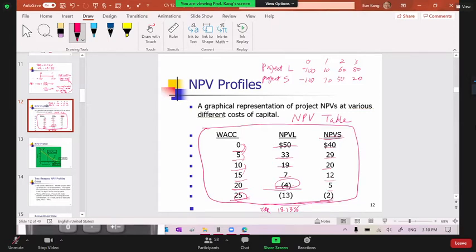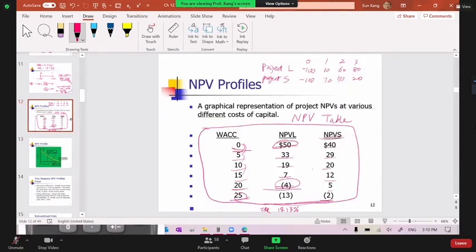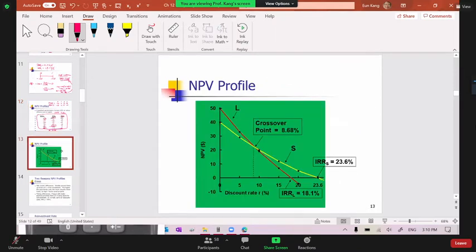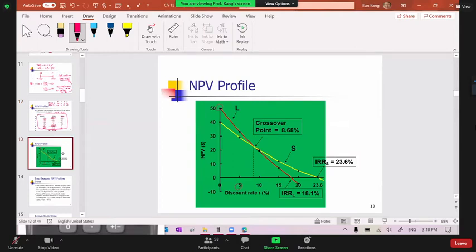So you do the same for project S, and you calculate net present value one by one, depending on WACC, right? So based on this table, you draw the net present value profile. It's like this. For example, you start from 0%, L is 50. So you see 50 here. And at 5%, 33. This is 33, right? So this point.